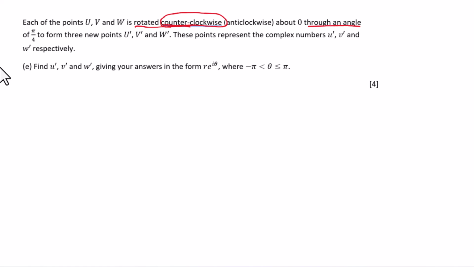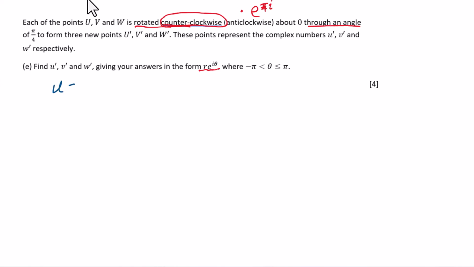Rotated counterclockwise means times e to the power of pi over 4 i. These points represent the complex numbers u prime, v prime, and w prime respectively. Find u prime, v prime, and w prime, and give your answer in Euler form, where theta is greater than negative pi, less than or equal to pi.